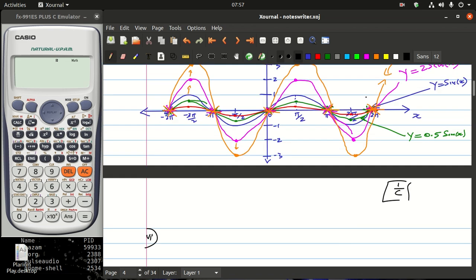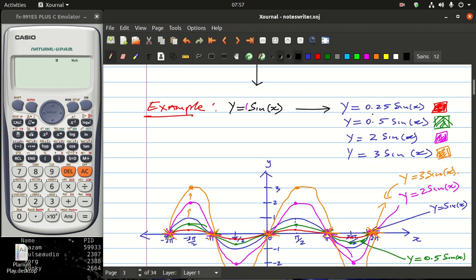Let me go back a little bit here. If you look into this one, it is stretching this curve by this factor. In other words, it is shrinking it by 1 over 0.25, which is the same as 4. So we are shrinking this original curve by 4, or you are stretching it by that factor.